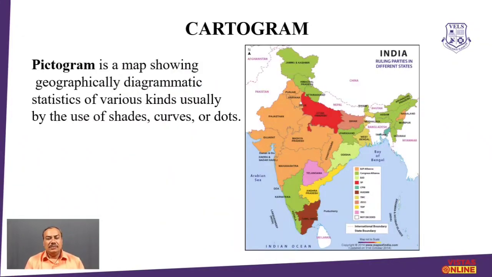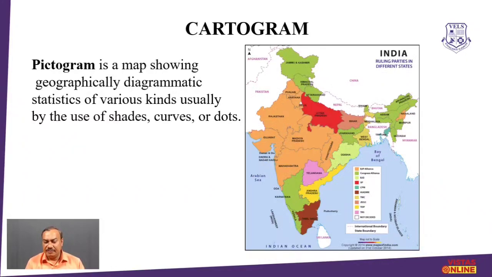Cartogram. A cartogram is a map showing geographically diagrammatic statistics of various kinds, usually by the use of shades, curves or dots. For example, in this India map, the colors differentiate.